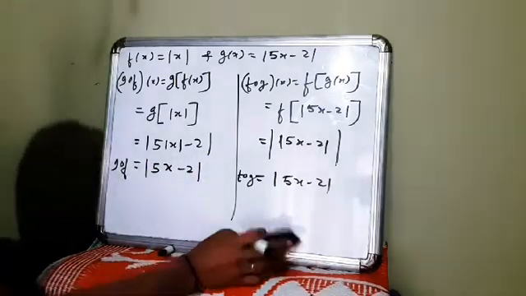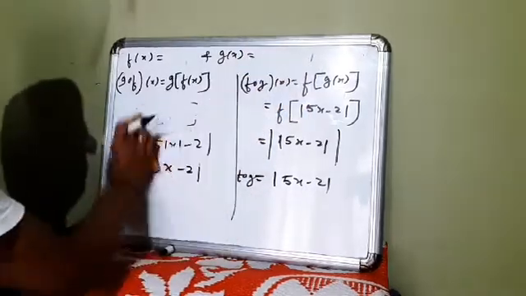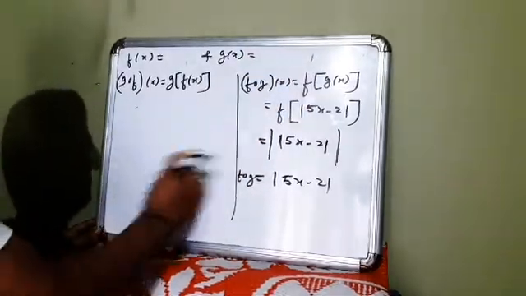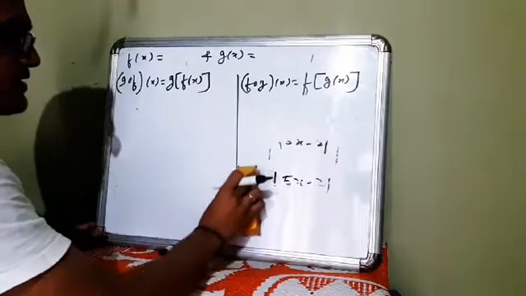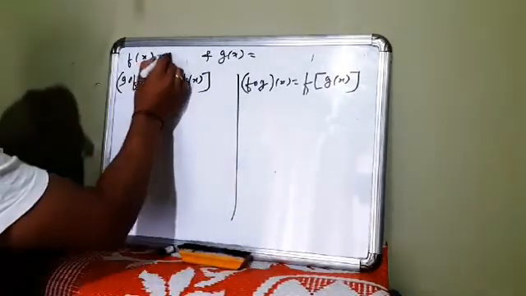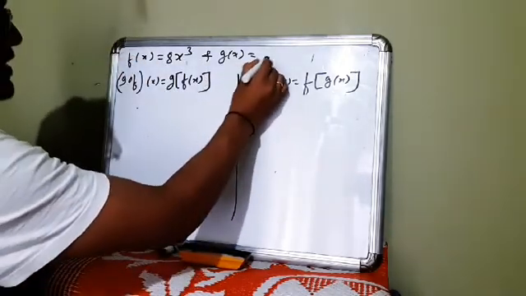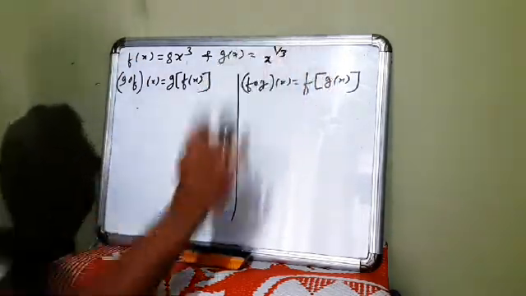Okay, let us take one different example. I will keep this part, the definitions, as it is. I will change the functions. f of x is 8x cube and g of x is x to the power 1 by 3.